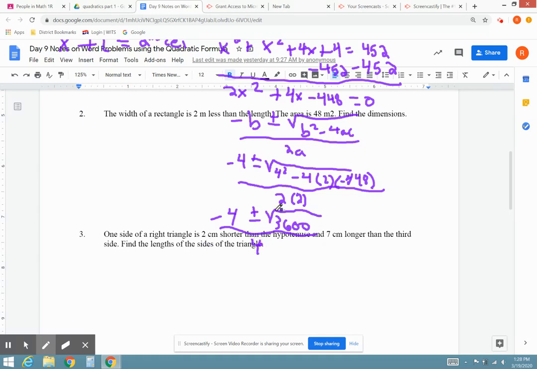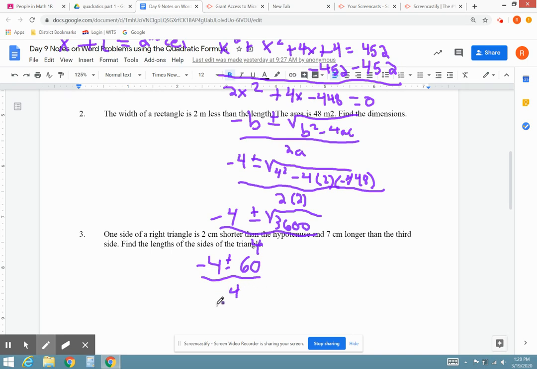Okay, so perfect square, I'm liking that. So negative 4 plus or minus 60, which is the square root of 3,600, divided by 4.